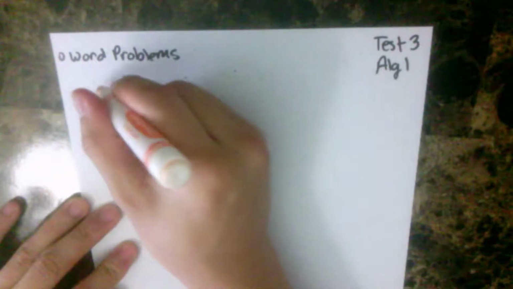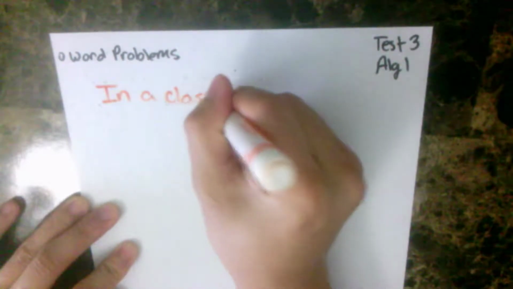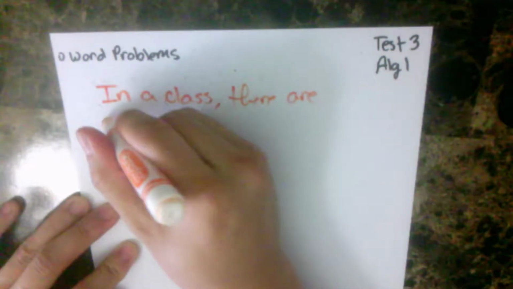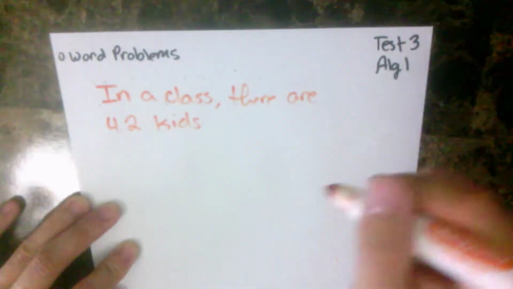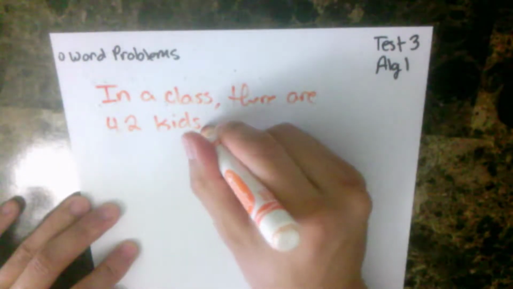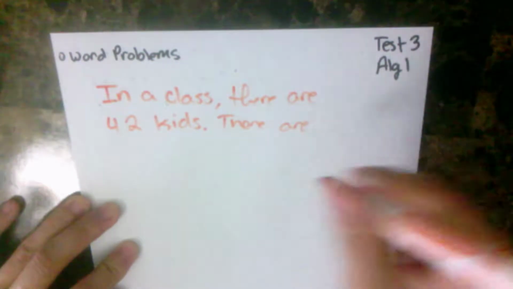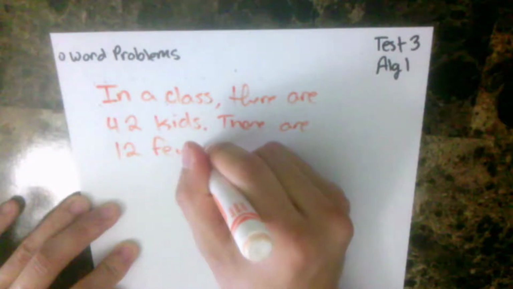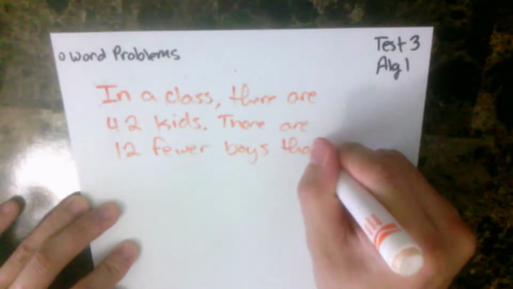So our first problem, let's say it was something like this. In a class, there are 42 kids. And of these 42 kids, there are 12 fewer boys than twice the number of girls.